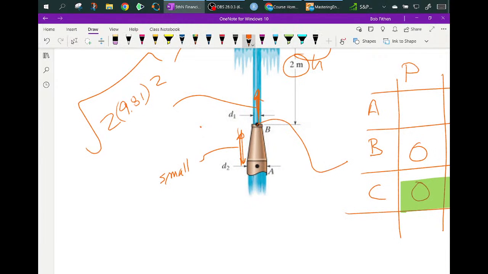If you have the velocity at B, area at B times the velocity at B is equal to the area at A times velocity at A. Now, many people are used to seeing that. Basically, that means m dot in is equal to m dot out, but we don't need that.